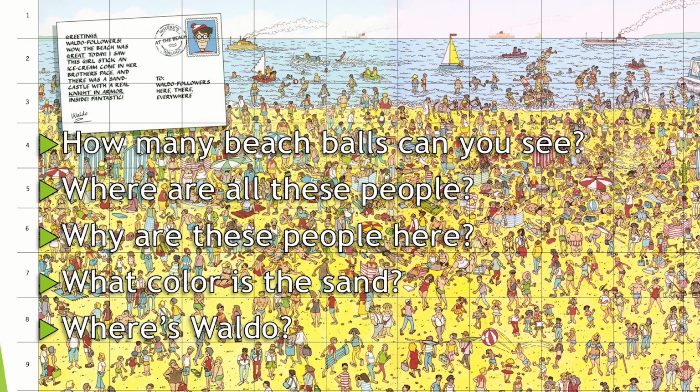Next question, where are all these people? What's the answer? The answer is the beach. Someone else could have said a lake. Someone could have said Puerto San Jose, right? So what's happening here? What you're doing here is you're looking at everything and putting one on one together, but also with your idea.